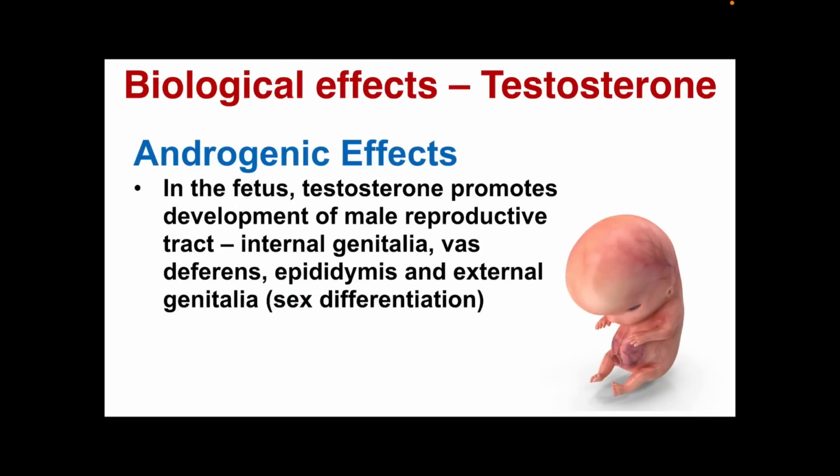For the androgenic effects of testosterone, in the fetus, testosterone promotes development of the male reproductive tract. That includes the internal genitalia, the vas deferens, the epididymis, and the external genitalia. So this also has something to do with sex differentiation.